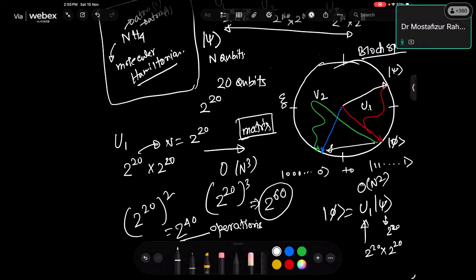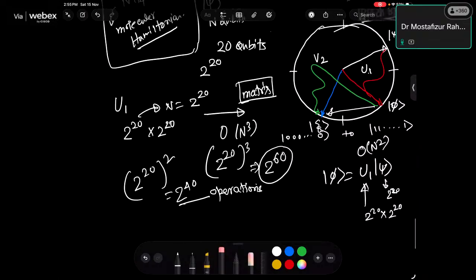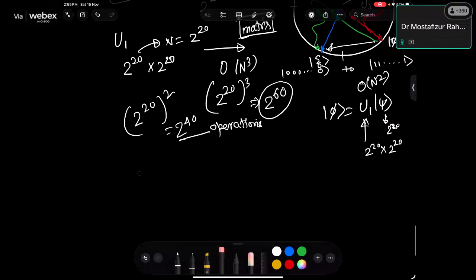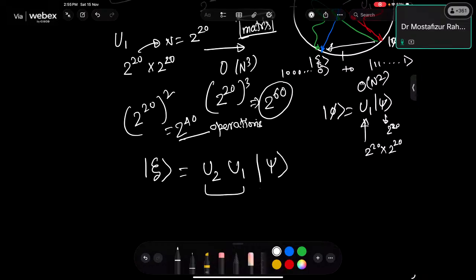Say the final state is zeta, for example. So what have you done to reach zeta? You have done U2, U1, and psi. So you can see how many calculations you do with only 20 qubits.